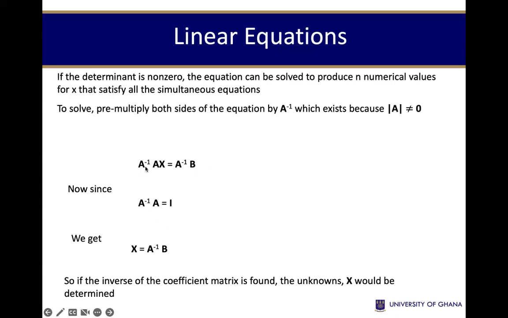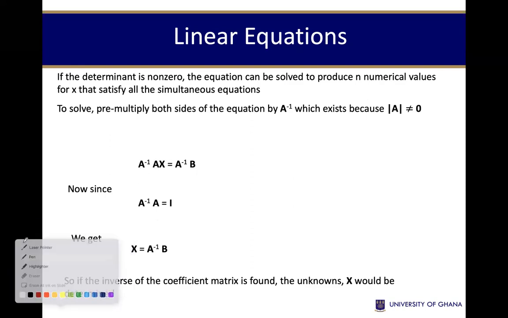We already know from some of the rules that the inverse of A multiplied by the matrix A itself will give us the identity or unit matrix. So the whole of this part can be the identity matrix I, right?